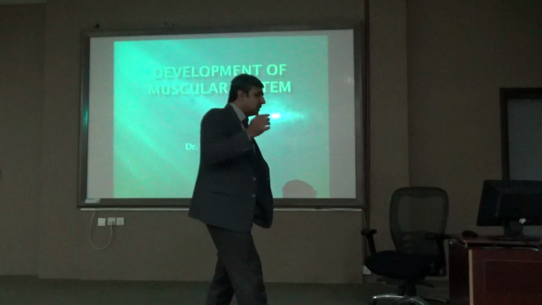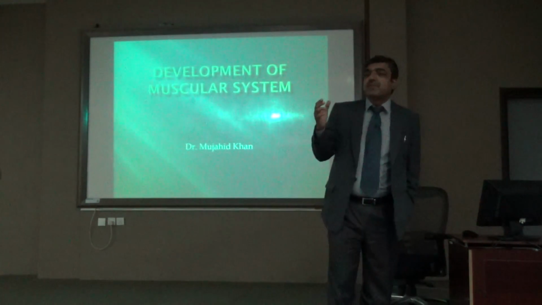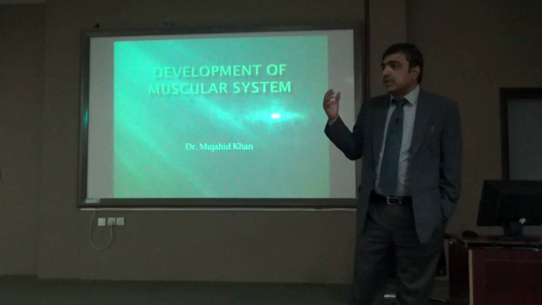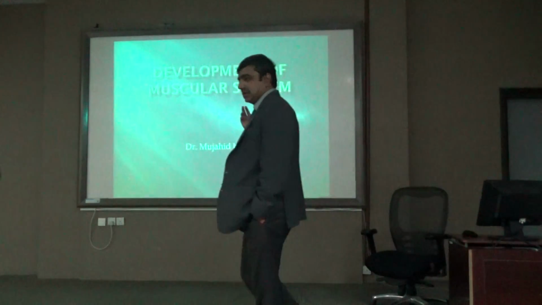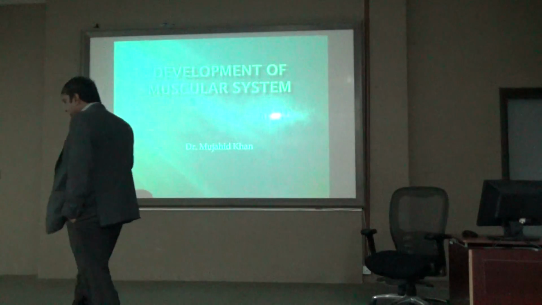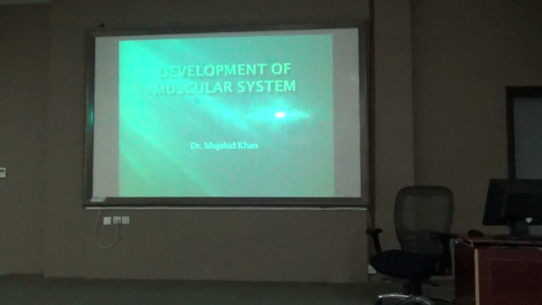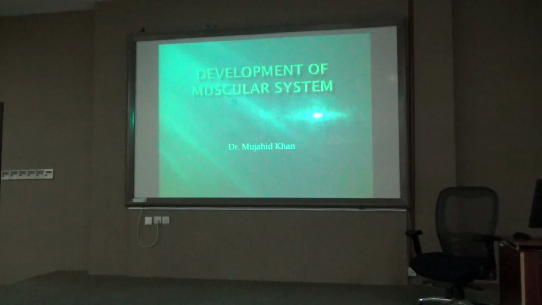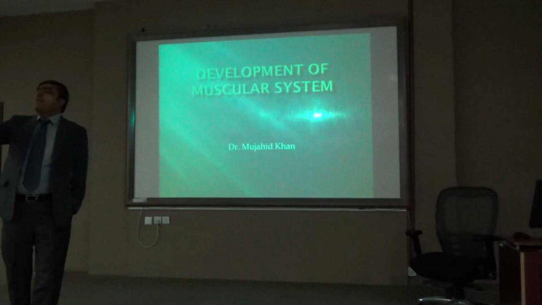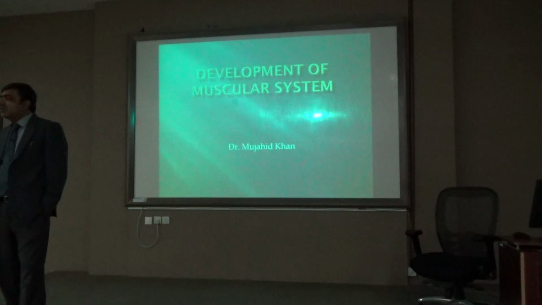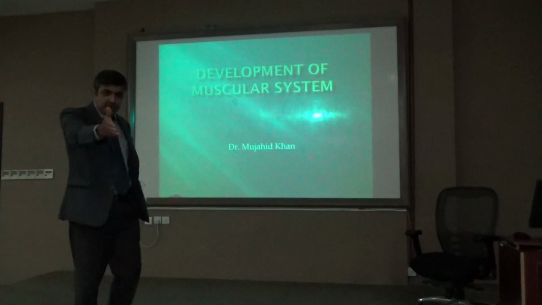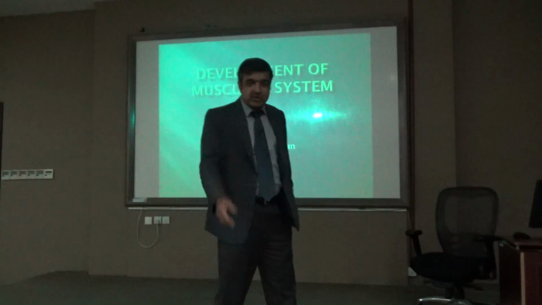Another portion of the dermamyotome was myotome. So we talk about muscle today. These muscles develop from the myotome portion of the somites. If I simply explain to you, if you remember the position of the somite during the initial stages of development, where did these somites start to develop?